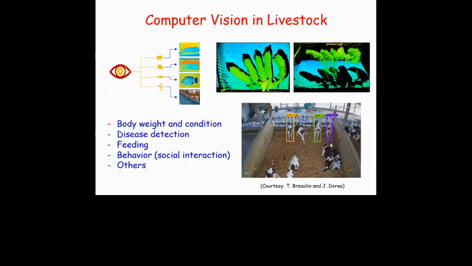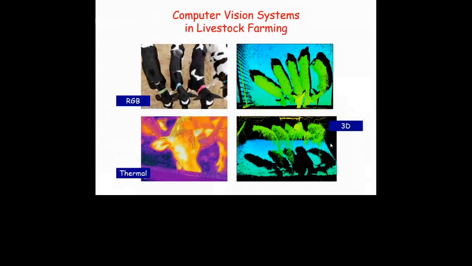And we are using computer vision, mostly in this kind of approach. And as was mentioned today here, different kinds of cameras. We use RGBs, especially for dairy cows, where we can recognize animals by the coat color. And we use 3D cameras as well for estimating body weight.